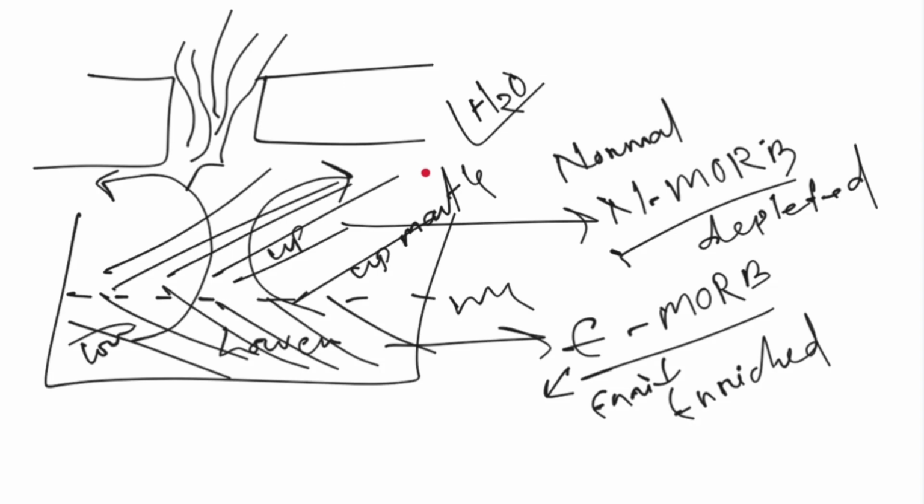So this is not like in the ocean form. So you know that N morph is hydrous or E morph is hydrous, anyone? So basically, I am asking whether the upper mantle is hydrous in nature or the lower mantle is hydrous in nature.